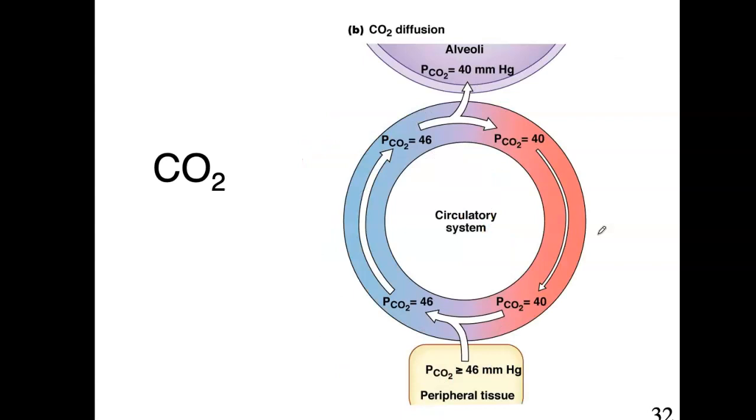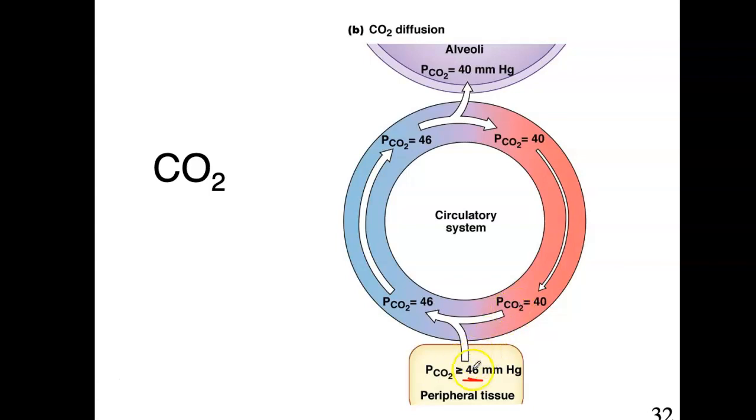So that's oxygen. If you think of carbon dioxide, now we're going backwards. You're thinking first of the cell. The cell's doing its metabolism, and then instead of 40 millimeters of mercury, it's let go some carbon dioxide, so it's higher now, it's 46. So this pressure then is higher than that regular pressure in a capillary, which is around 40.